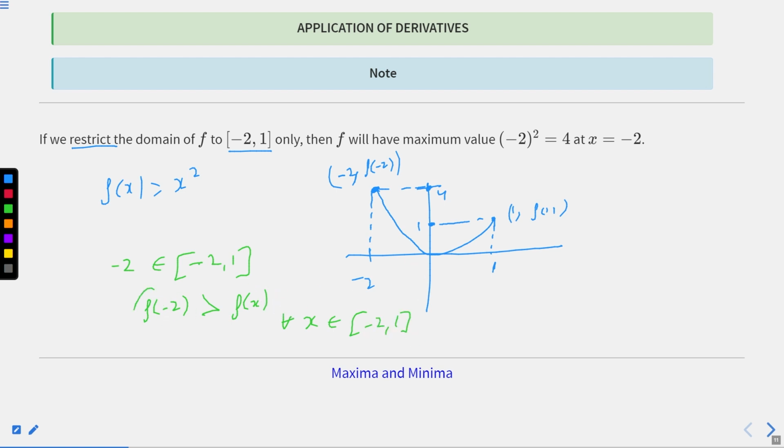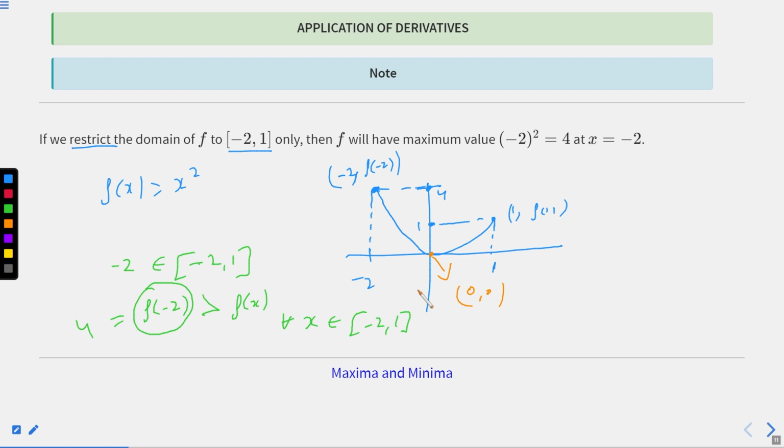So this will be your maximum value. The maximum value will be f(-2), which is just 4, at -2. Clear? Now if you want to find the minimum value, it remains the same, it will be 0.